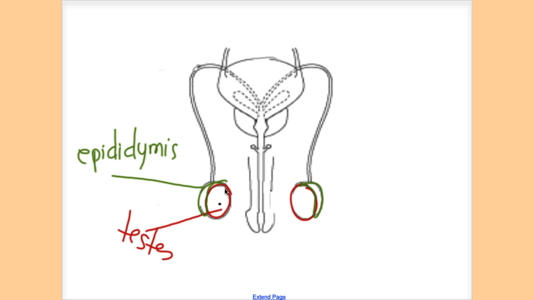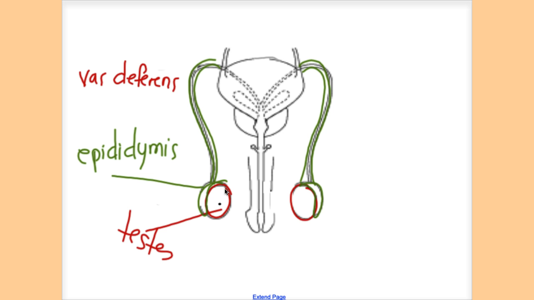The epididymis. All right, so the sperms will be developed, and they will be transported to the epididymis for storage, and then they are released into these tubes, right here. These are called the vas deferens.